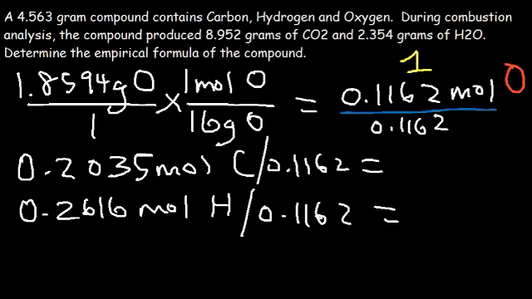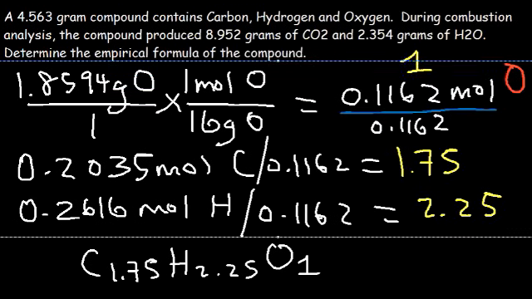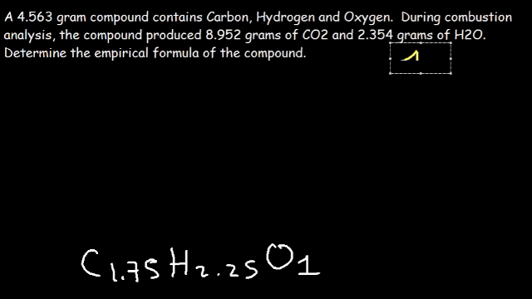For carbon, you should get about 1.75. And for hydrogen, you should get 2.25. So the formula should be C1.75 H2.25 O1. Now what number should we multiply the subscripts by so that we can get whole number ratios?